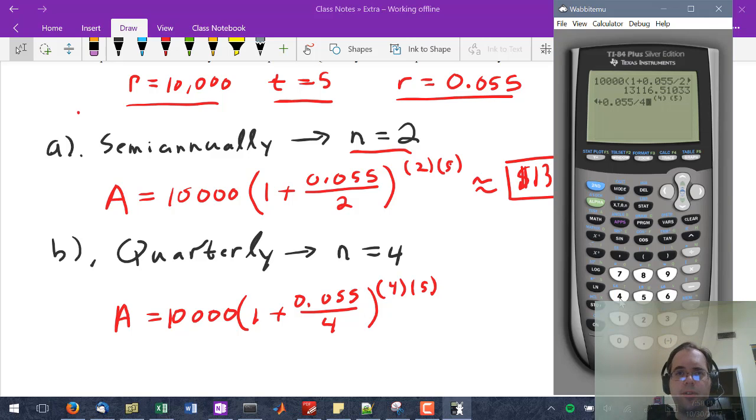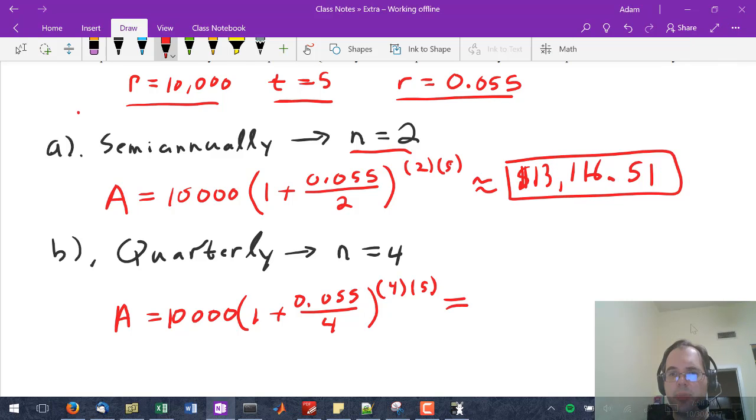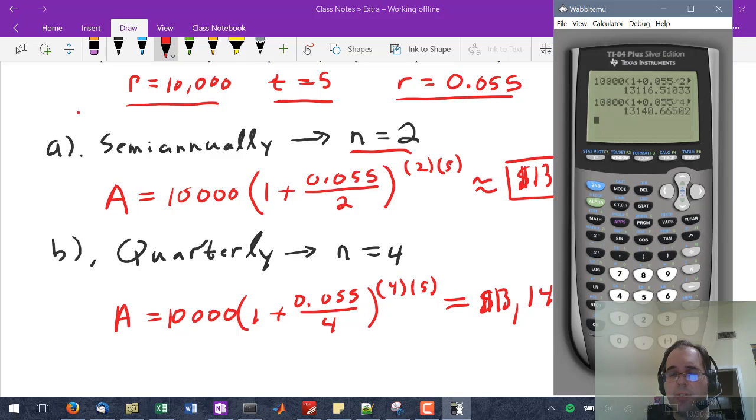Okay, now that we've placed the 4 in, hit enter, and that would be the accumulated amount with a quarterly interest scheme. So it's approximately 13,140, and rounded to the nearest cent, .67.